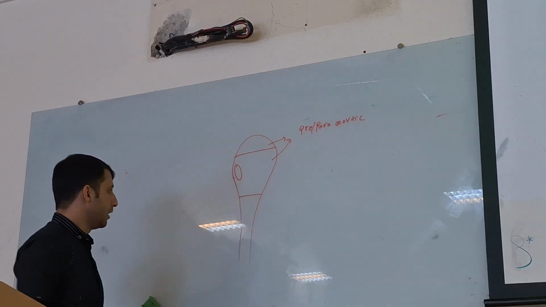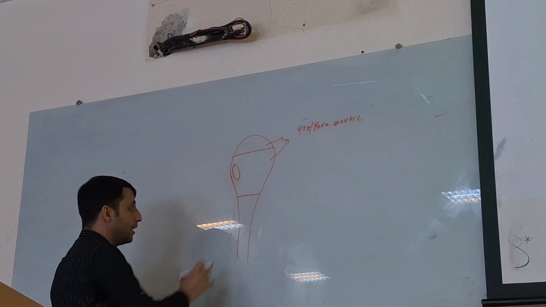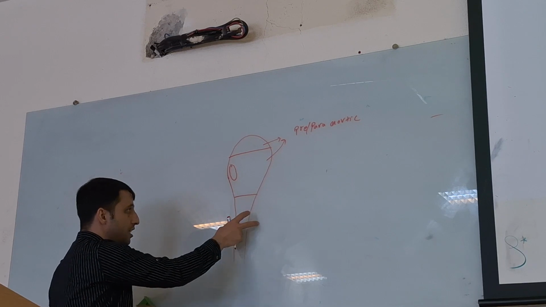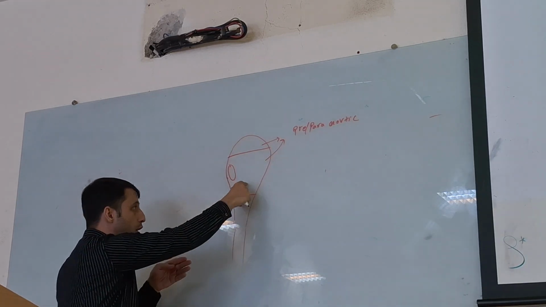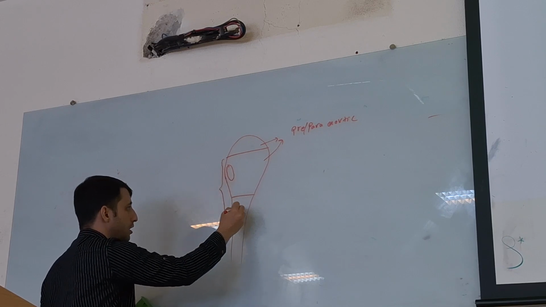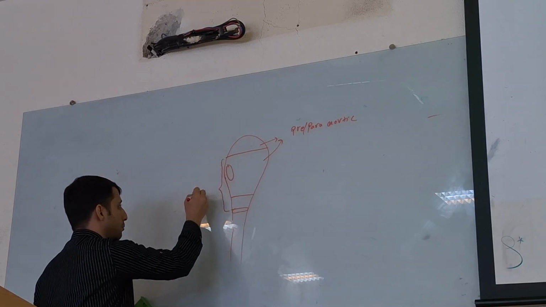Okay? Here, the cervix. The cervix and inferior part of the body. This area is the body. Okay? This is the inner box. This is the body.